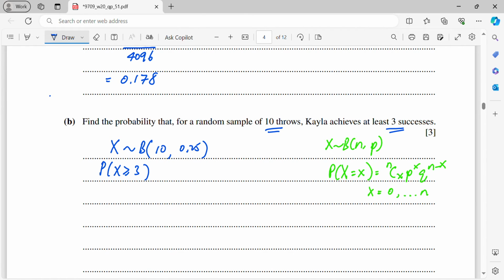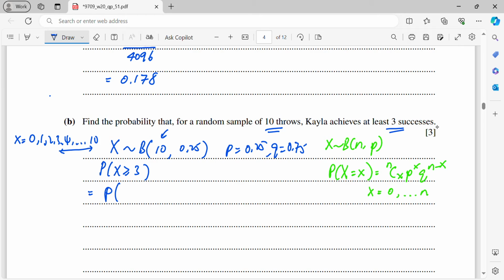From here, I know that my p is 0.25, then my q is 0.75. The x values will be 0, 1, 2, 3, 4 until 10 because your n is 10 now. You need to calculate x at least 3, which means you have to calculate 3 onwards.